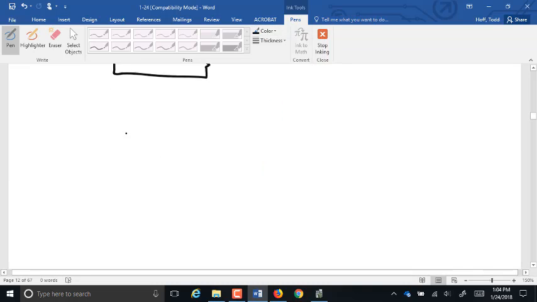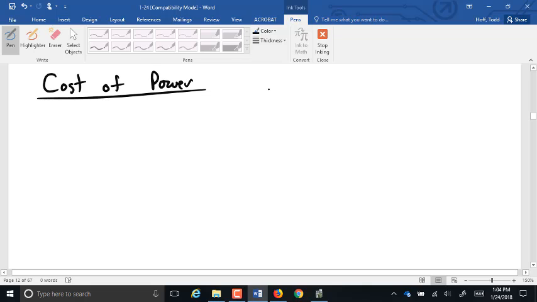Okay. The next thing I want to talk about is cost of power. Anybody know what the current cost per kilowatt hour is? Let's just say it's 14.8 cents per kilowatt hour.